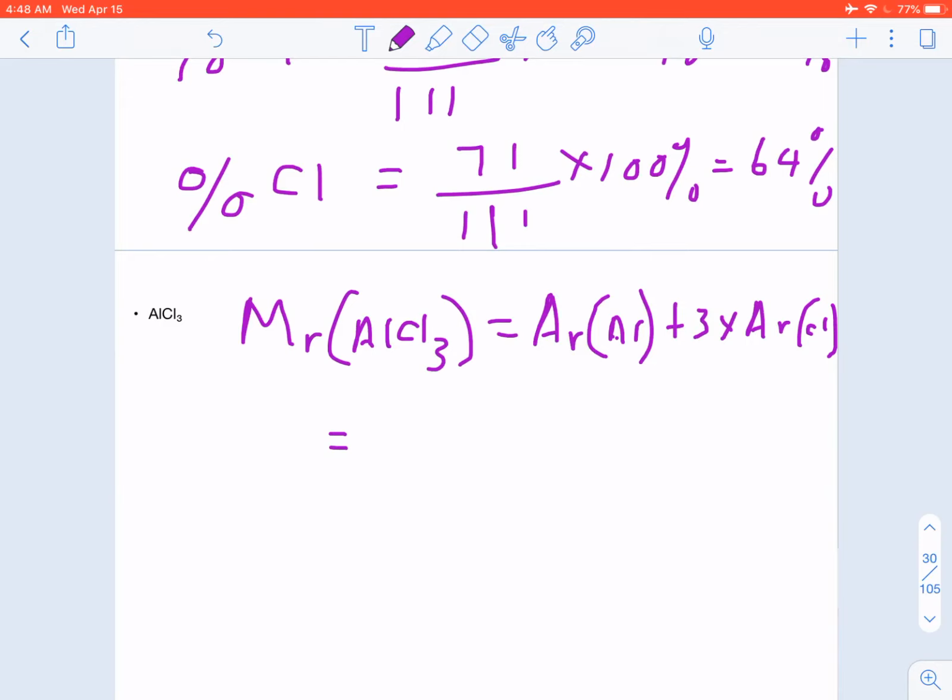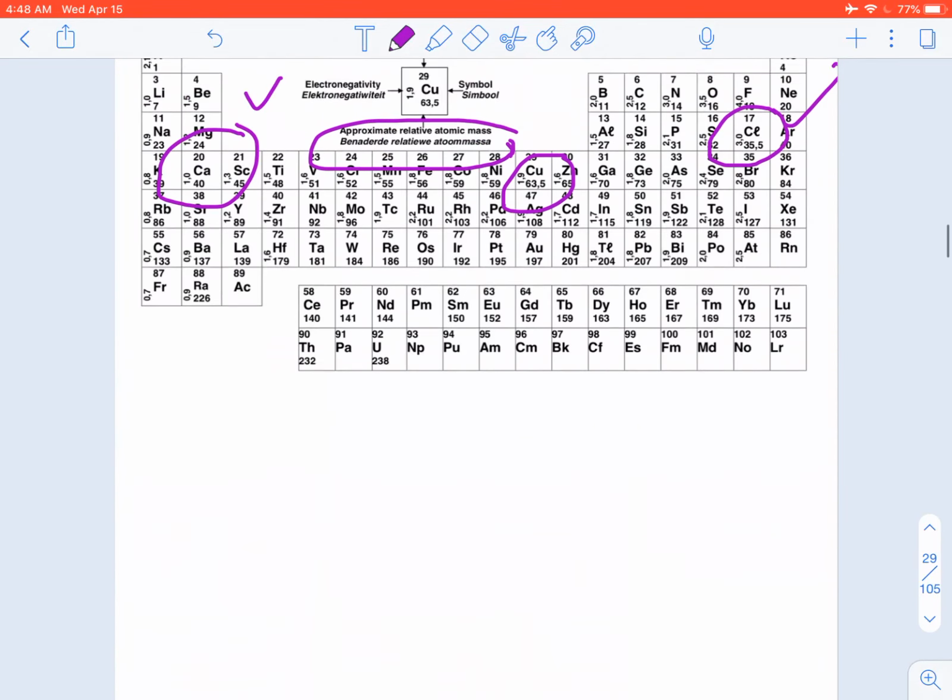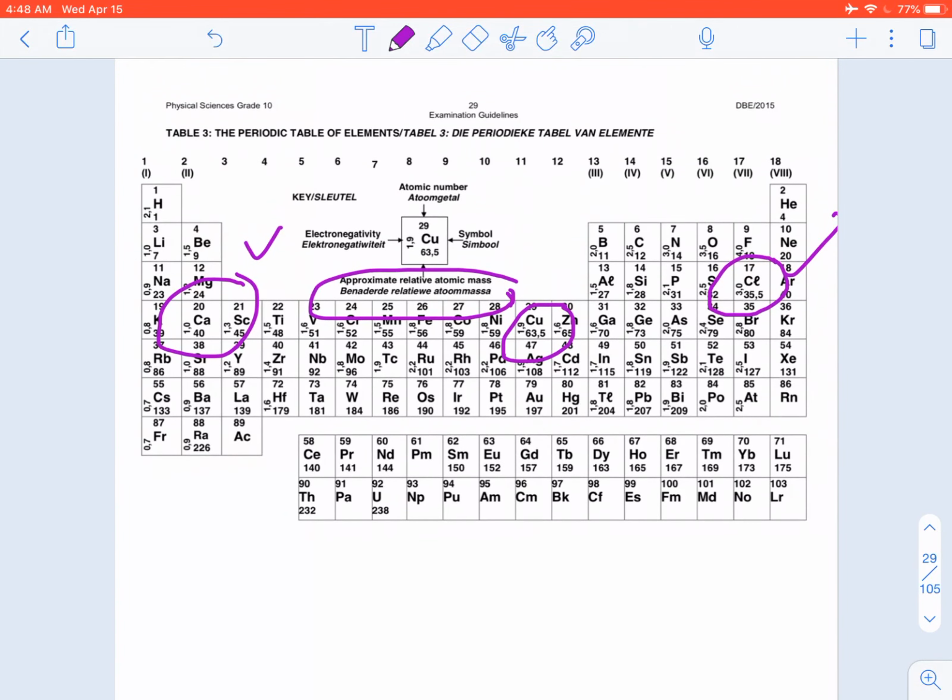let's go to the periodic table. All right, if we look at aluminium, the mass is 27, and if we look at chlorine, it's 35.5.